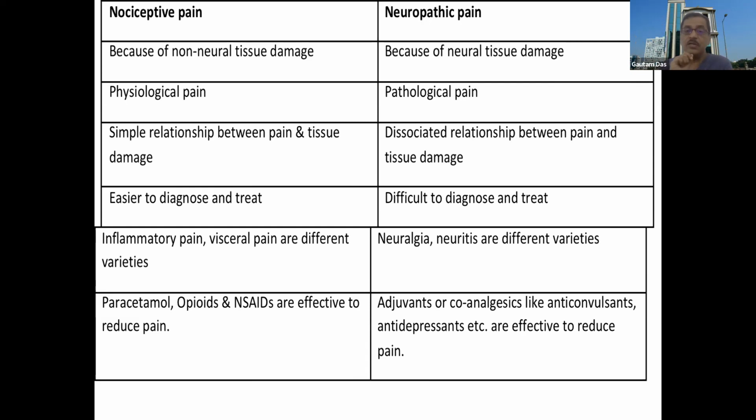Example: trigeminal neuralgia. It is a neuralgic pain because the distribution of the pain is limited to the area supplied by the trigeminal nerve. Meralgia paresthetica is a neuralgic pain because the pain is distributed along the lateral cutaneous nerve. But suppose diabetic peripheral neuropathy. Do we call it diabetic peripheral neuralgic pain?